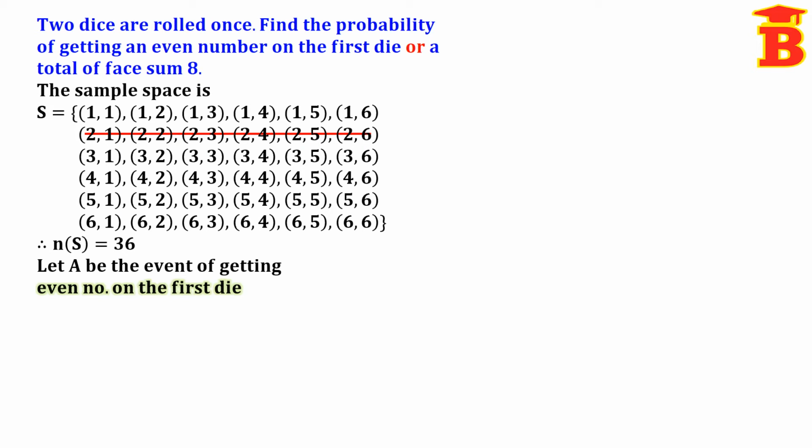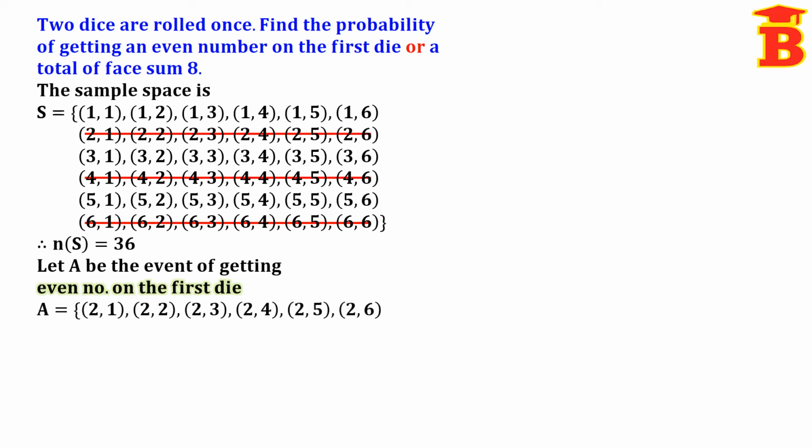Next, see the fourth row, the first number is 4, that is an even number. So we have to take the fourth row. Similarly, see the sixth row, the first number is 6. So we have to take the sixth row. The first number should be an even number, so we take the second row, fourth row, sixth row.